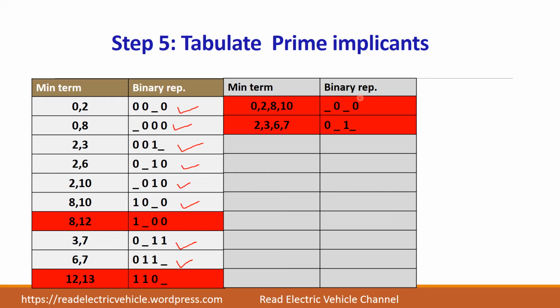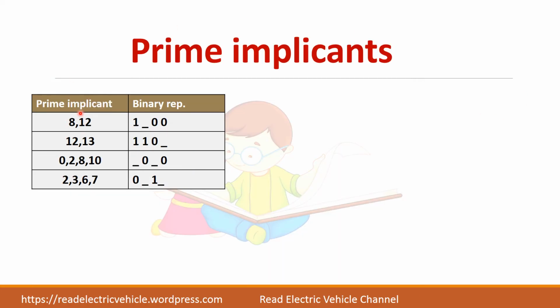All these 4 we are going to put in a table which is called the prime implicant table. So the prime implicants, the terms without the tick mark, we are writing here, and its binary representation. For this binary representation we can write the letters, that is literals.